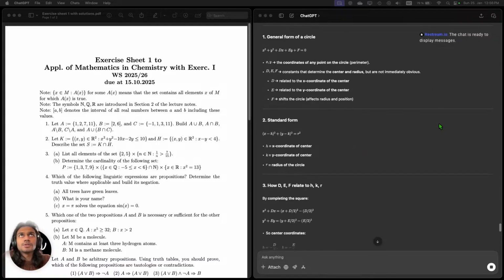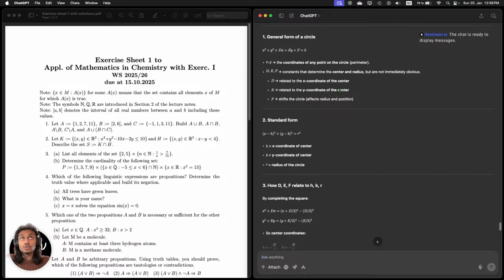General form of a circle: x, y coordinates of any point on the circle perimeter. D, E, F are constants that determine the center and radius, but are not immediately obvious. D is related to the x coordinate of the center.